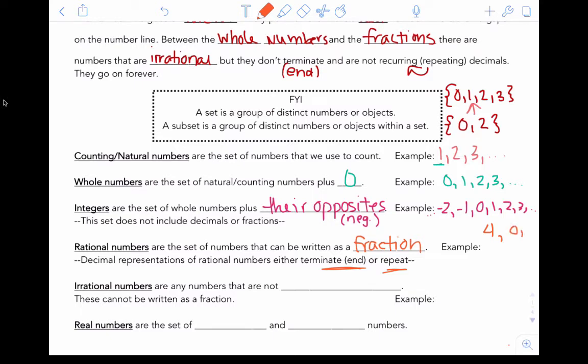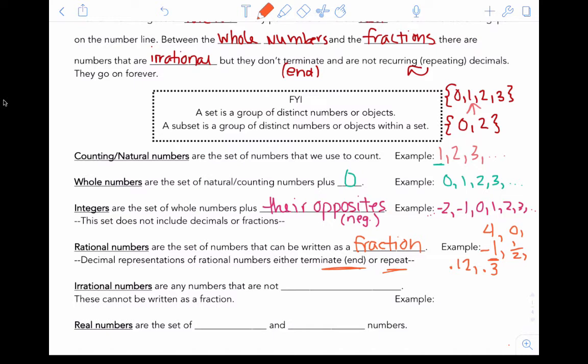I have 0, that's my whole number. I have a negative number. I have a fraction. I have a decimal that ends. So that means at some point it ends. There's no more numbers after this 2. I have a decimal that repeats. So that means it has that line on top of it. That means it repeats in that same pattern over and over and over again.